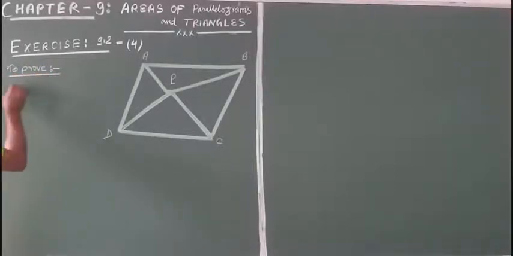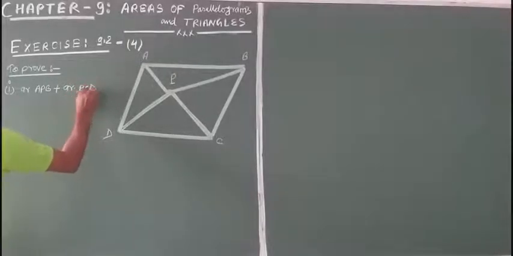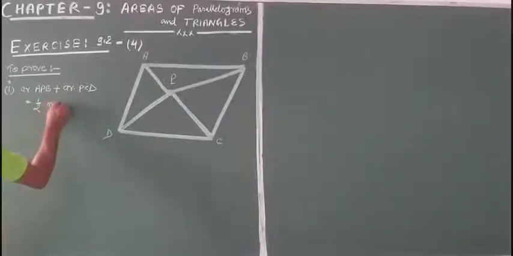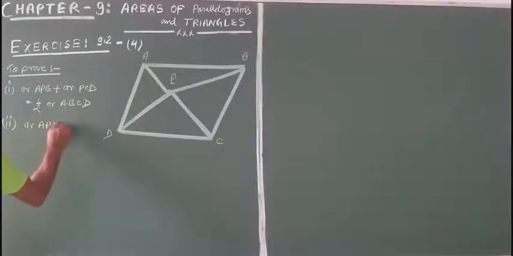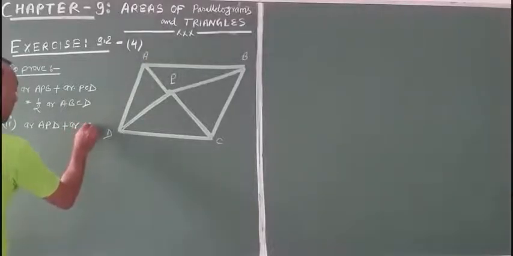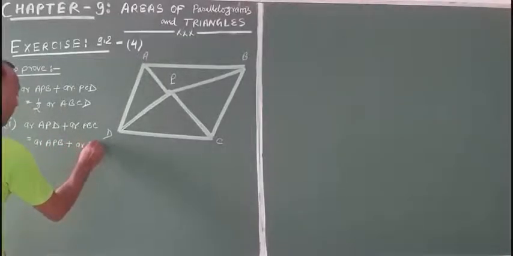The first part: area of APB plus area of CPD is equal to half of area ABCD, and the second part: area of APD plus area of PBC is equal to area of APB plus area of PCD. This you have to prove.